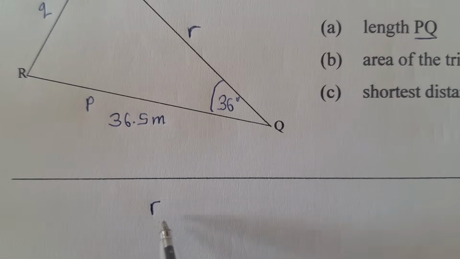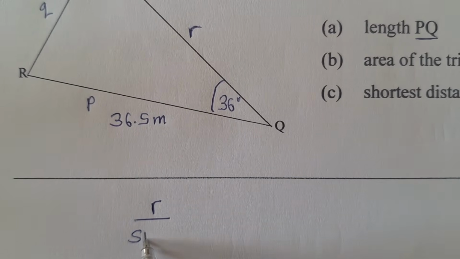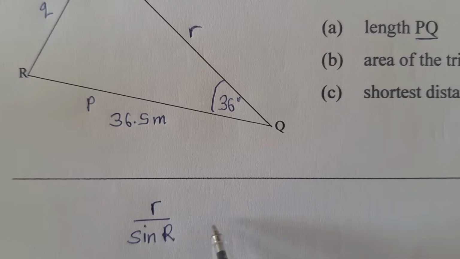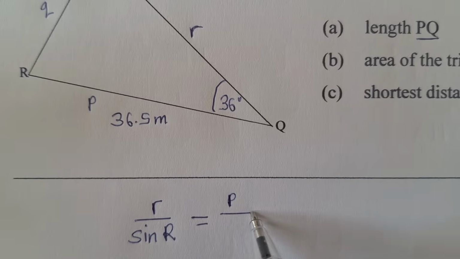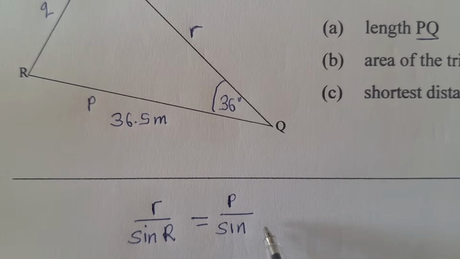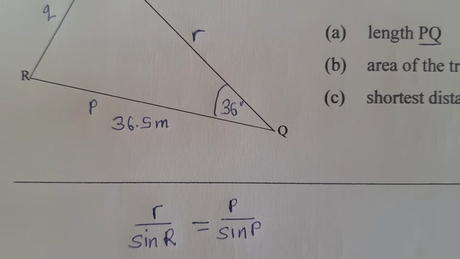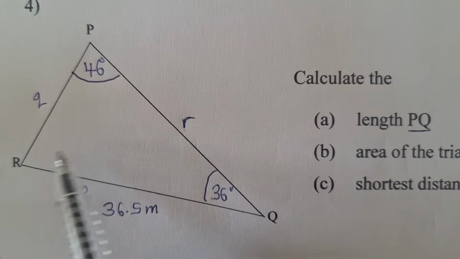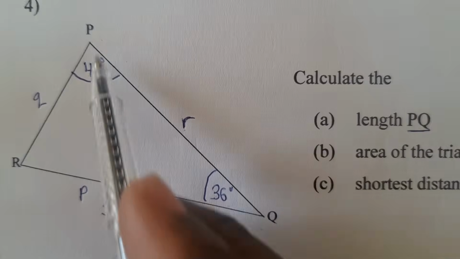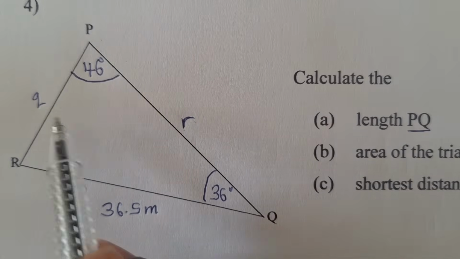So it will be small letter r over sine capital letter R is equal to small letter p over sine capital letter P. This is the formula that we need to use. So we are looking for this side. So it should be this and this, this and this, or this and this, this and this.